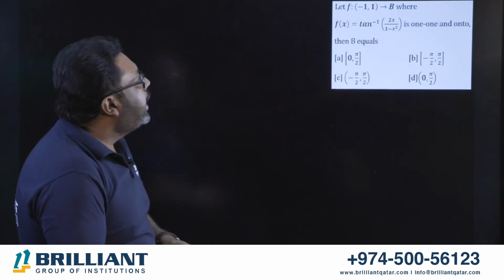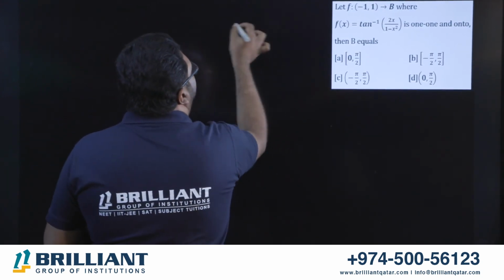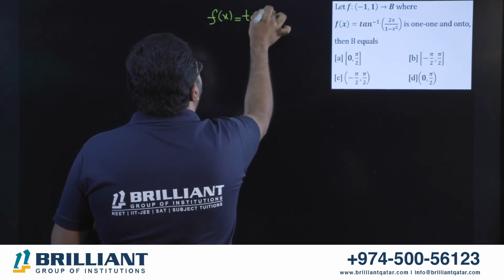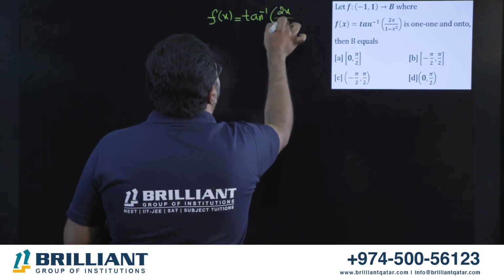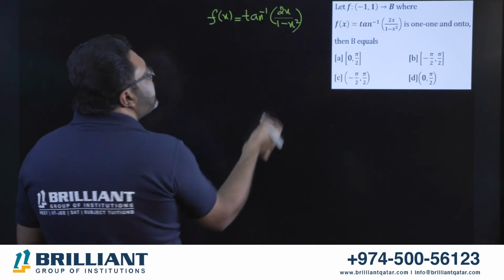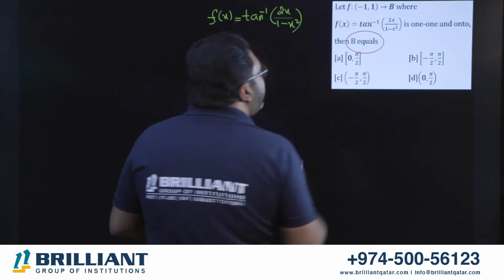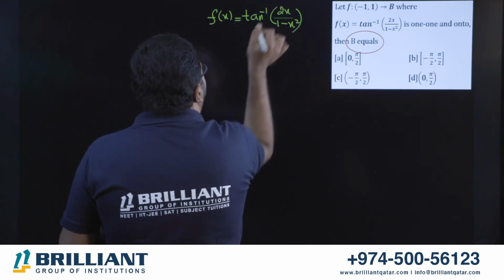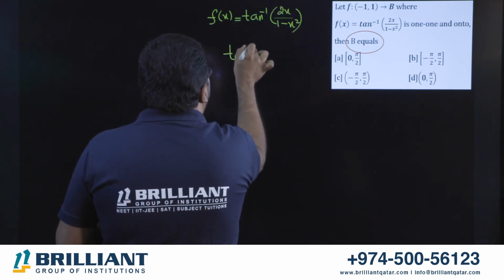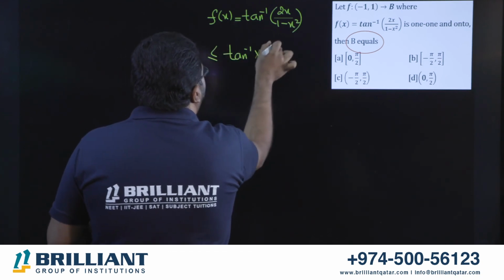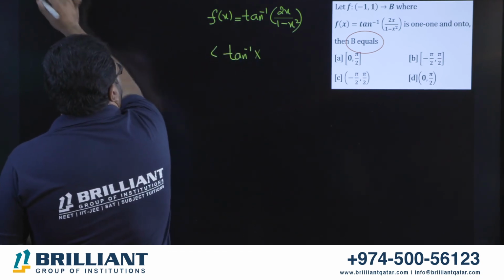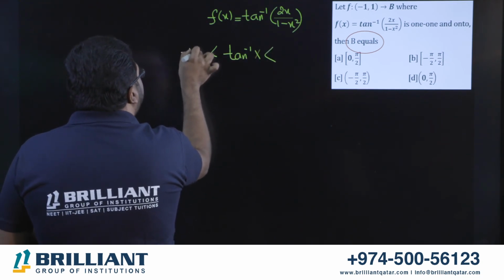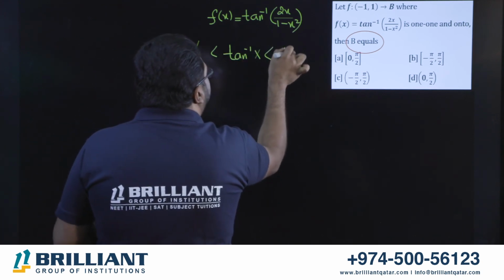Next question. f of x is equal to tan inverse of 2x by 1 minus x squared. Again, they're asking me what is b? It's a very direct question, my dear students, because we know that tan inverse x has its domain as all real numbers, but its range is minus pi by 2 to pi by 2.